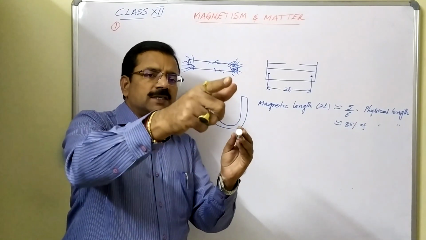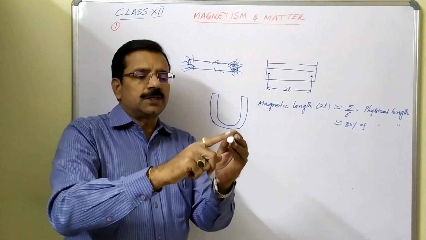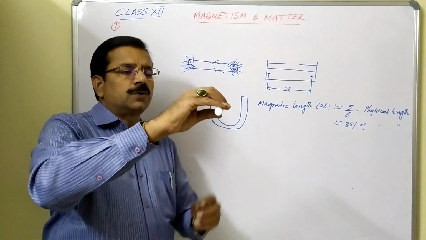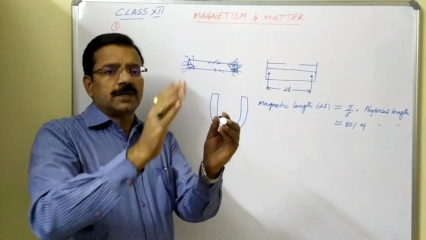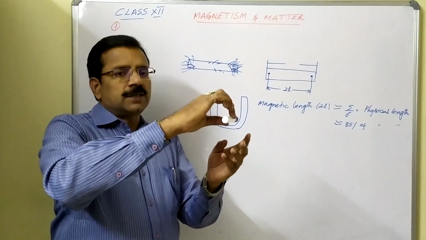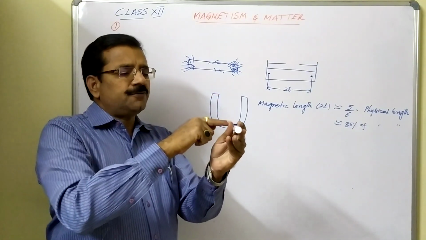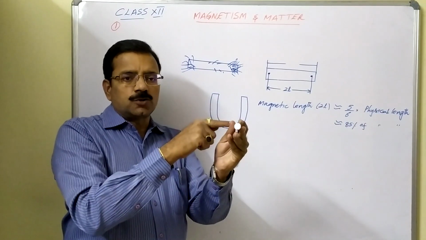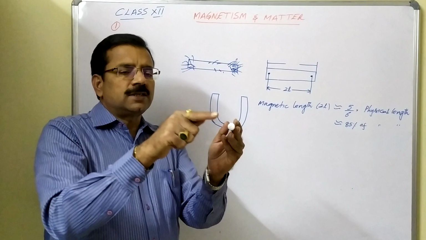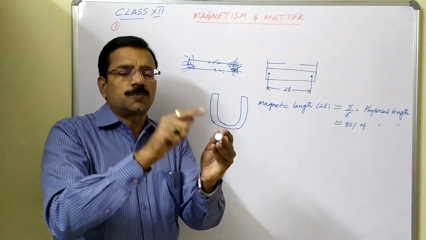The end which points to Earth's south is taken to be the south pole of the magnet. This is how we name the two poles of a magnet.